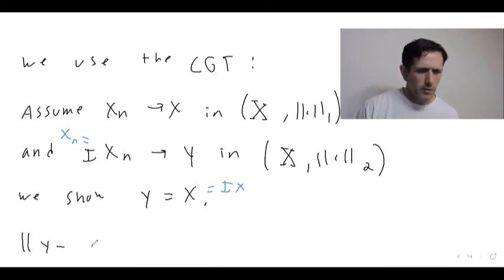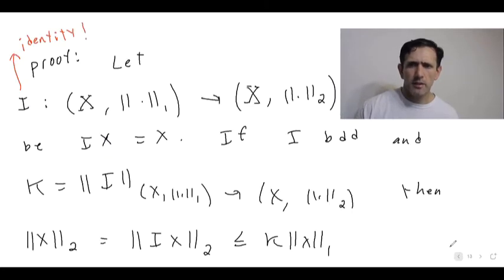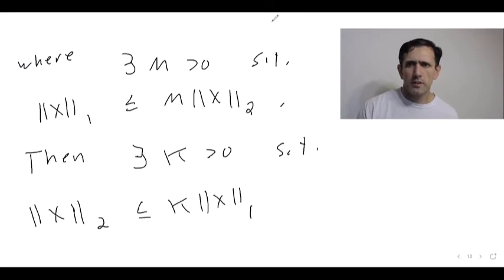You can try the 2 norm first, but that doesn't really work. You can check that yourself. Let's just work with the 1 norm and use the triangle inequality. So we actually haven't used our assumption yet, which is this. So now we're going to use it.